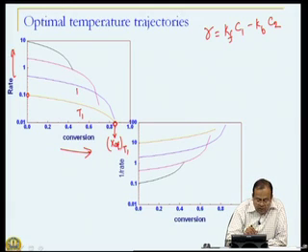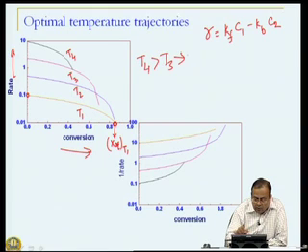As I increase my temperature, these are my T1, T2, T3, T4, with T4 greater than T3 greater than T2 greater than T1. So, what is happening as I am increasing my temperature, for example T3, this is what my equilibrium conversion will be for T3, this will be for T2 and so on.